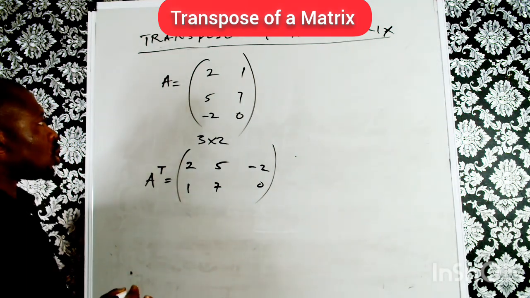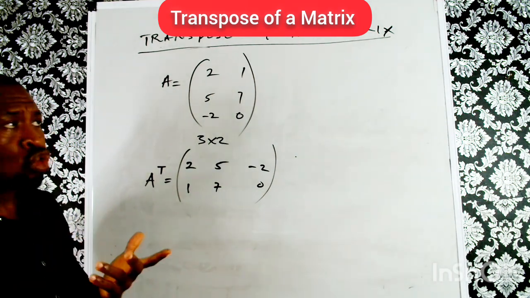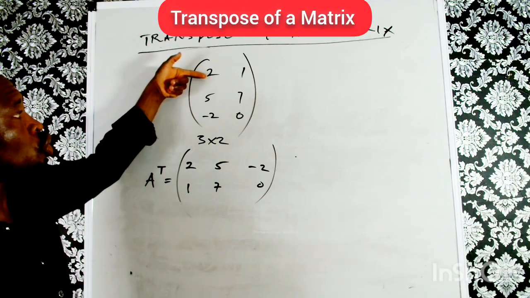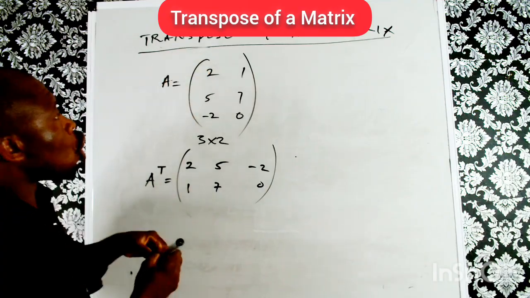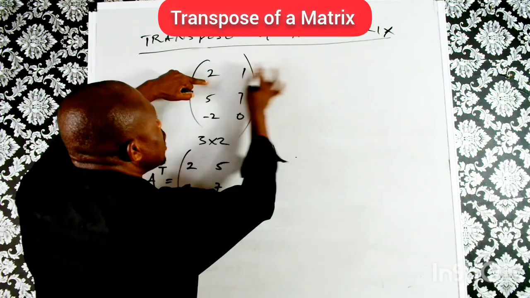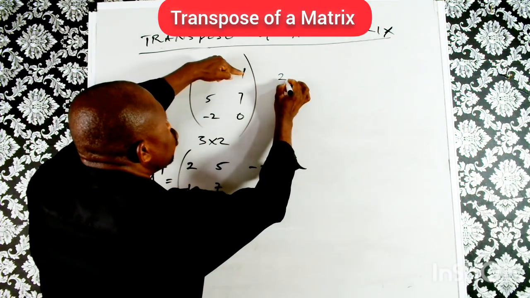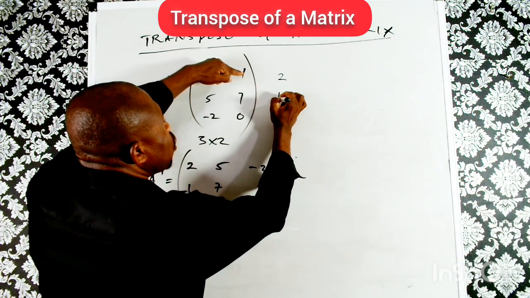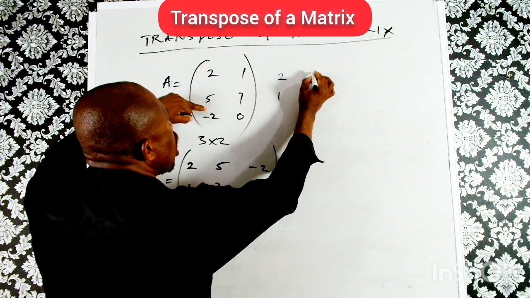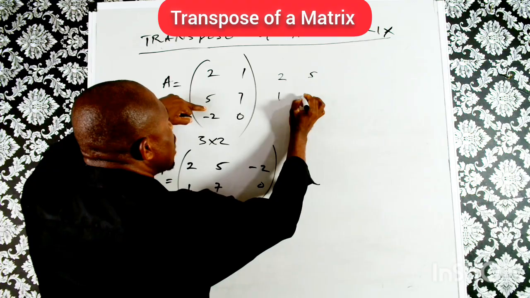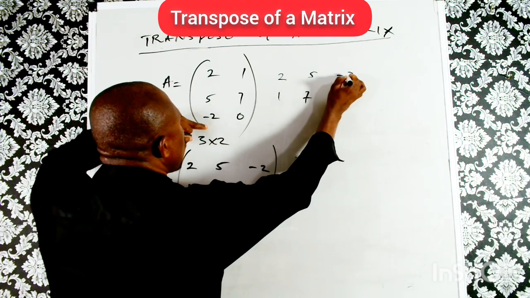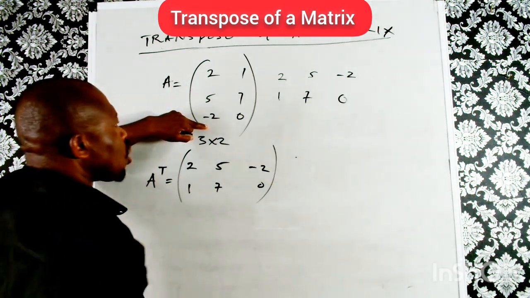You can do it any way you want. If you want to transpose by row, that means taking this row, this will have 2 here, this one will now come here. Simple. Now, 5 will come here, while 7 comes here. Now, -2 will come here, while 0 comes here.